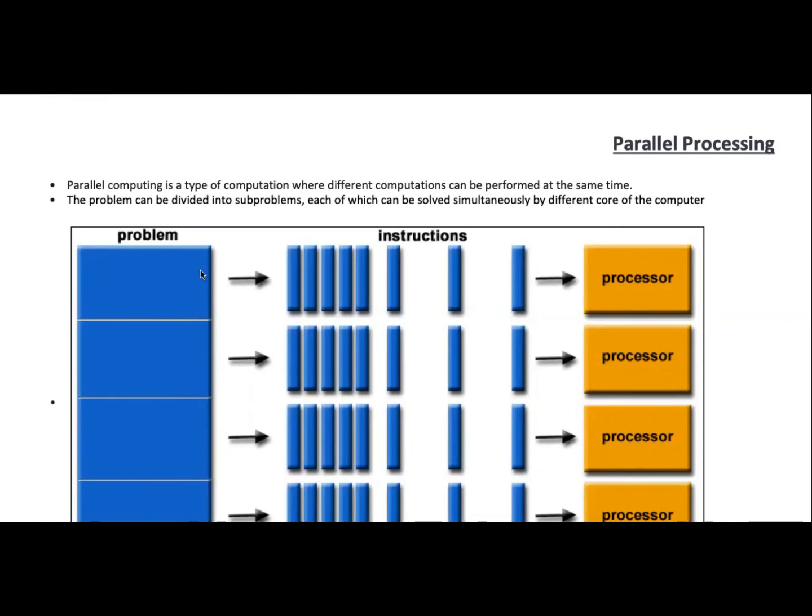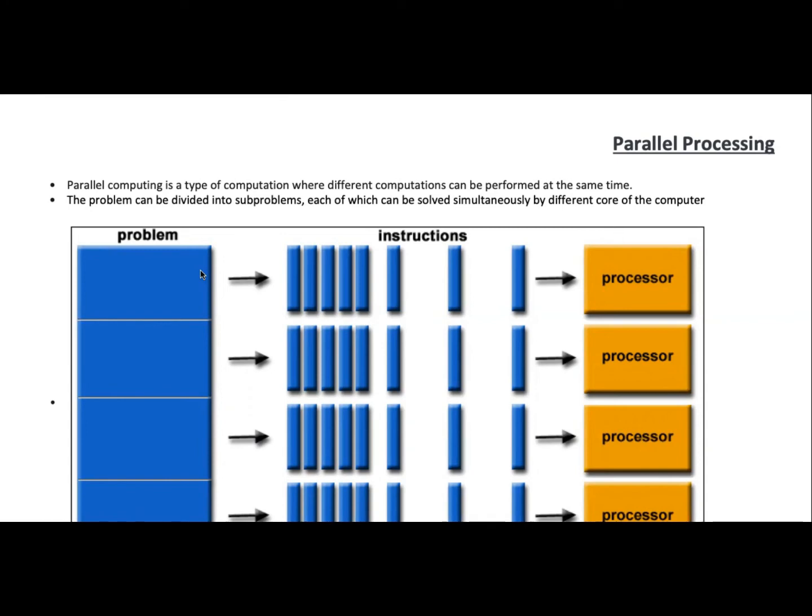With a multi-core system, all the cores within the CPU can execute your program in parallel. Different computations can take place in each core of your CPU.